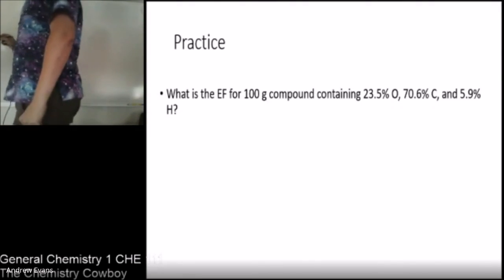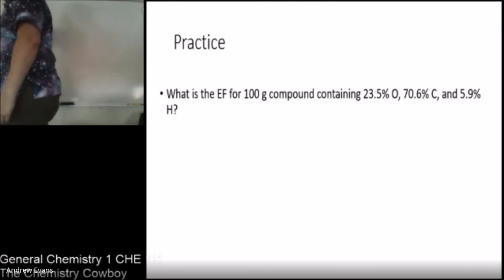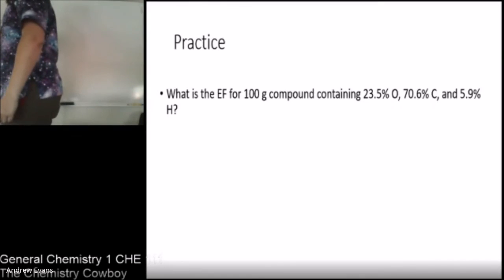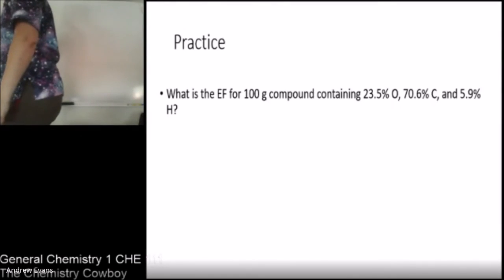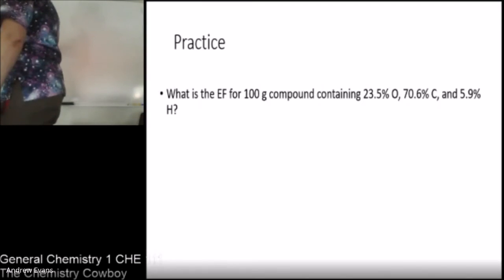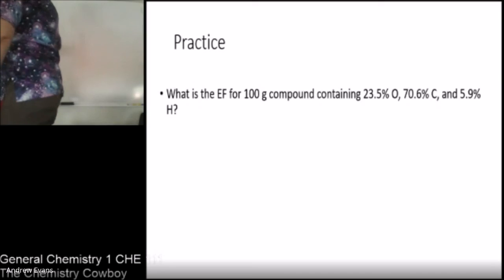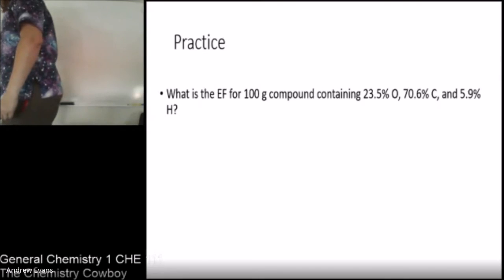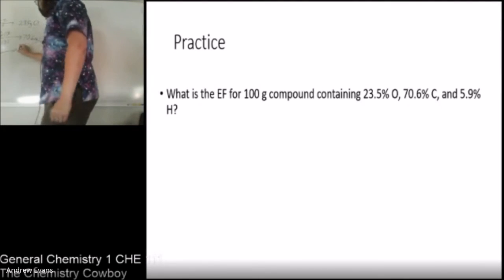If I multiply all those by 100, 23.5% goes to 23.5 grams of O, 70.6% times 100 divided by 100, because you have to undo the percentage, gets us to 70.6 grams of carbon, and 5.9% hydrogen gives us 5.9 grams of hydrogen.